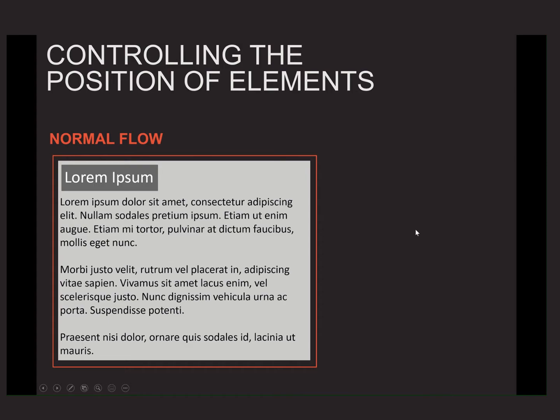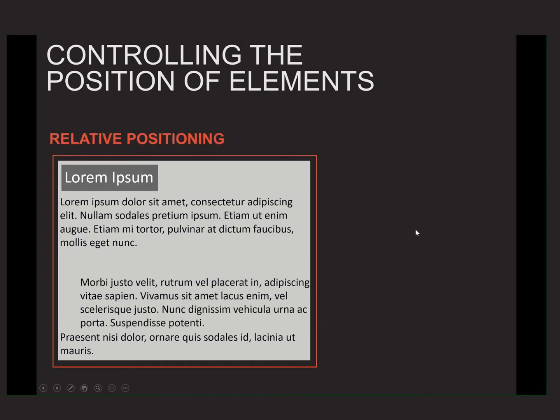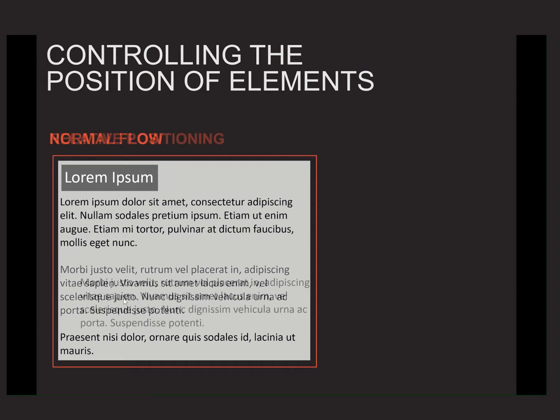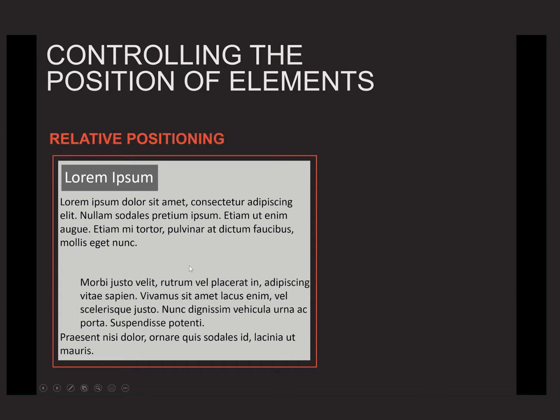And then next we talk about relative positioning. So this is normal, but this is relative. You can find that from the previous one to this one, we shift to the right and also down, to the bottom. That means this one starts from some new location.